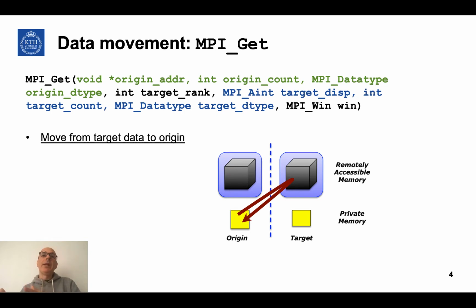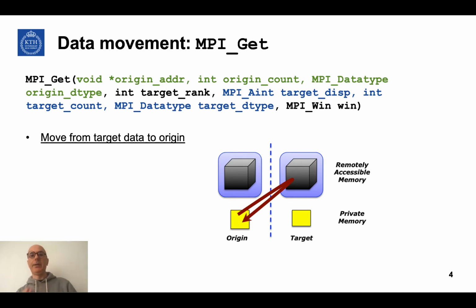Complementary to MPI_Put, we have the MPI_Get operation, which is a reading operation from the remote window, from the target window to the origin. So we use MPI_Get to move data from the target to the origin. We describe the origin again with a triplet. We provide the pointer to the origin address, how many, and which kind of data type.